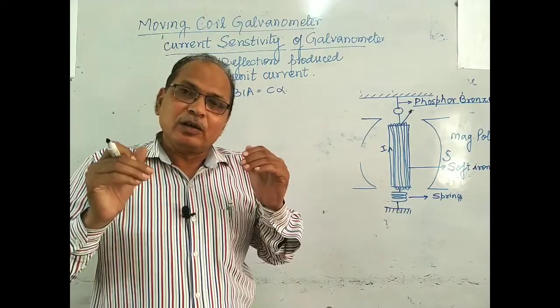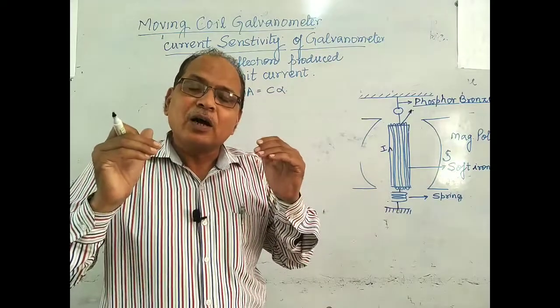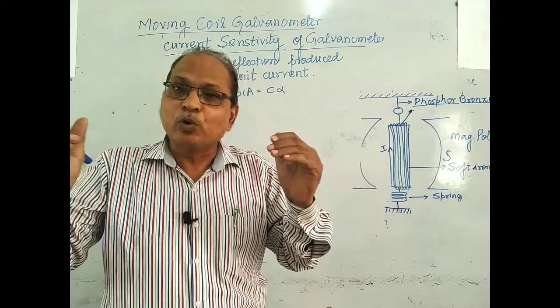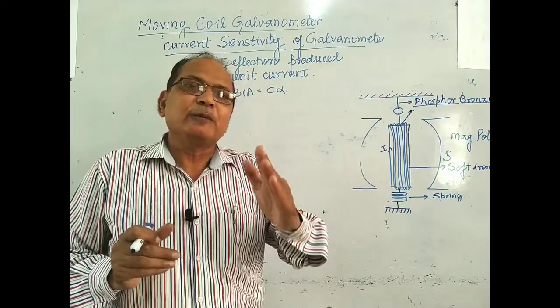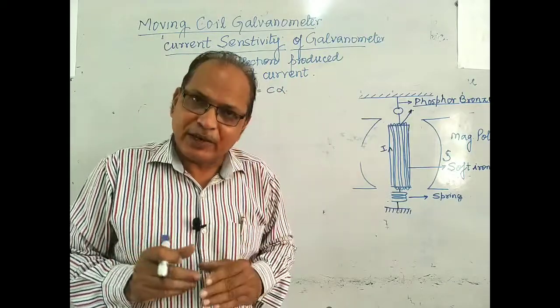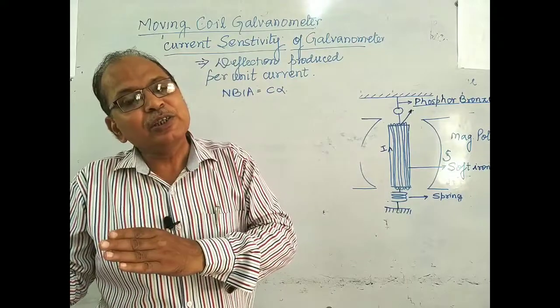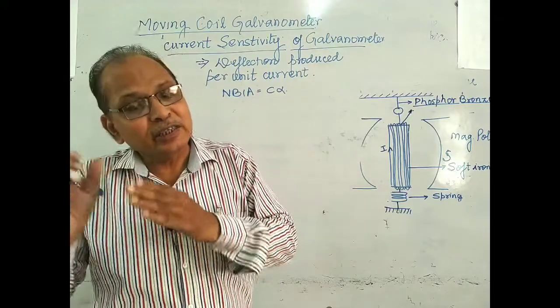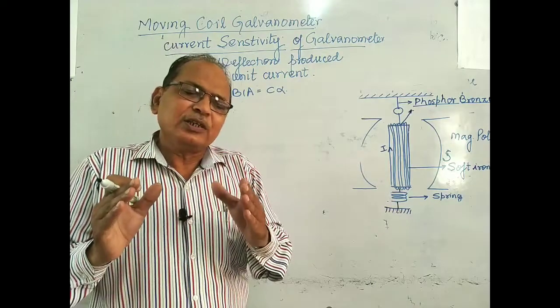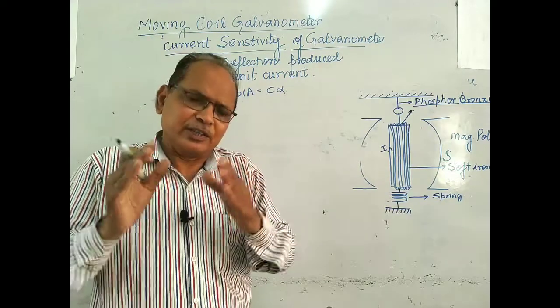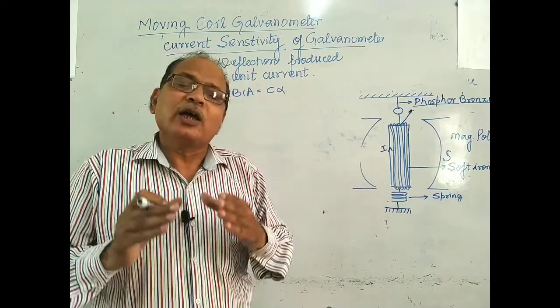If you flow the same current through both galvanometers, and the first galvanometer produces a 10-degree deflection, and the second galvanometer produces a 30-degree deflection, which galvanometer is more sensitive or accurate?